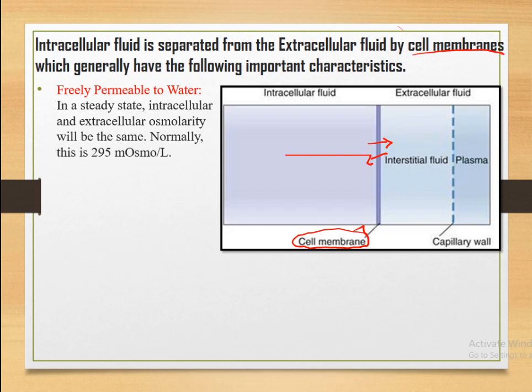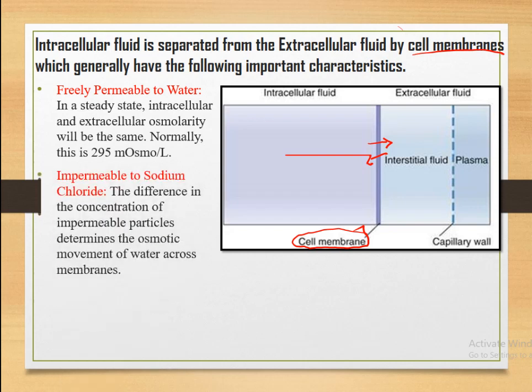Then what other thing are we supposed to consider? Remember, I said the body fluid has some minerals such as sodium, chloride, and also other stuff. One important thing is that this membrane is impermeable to sodium chloride.